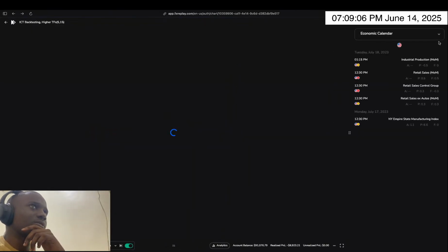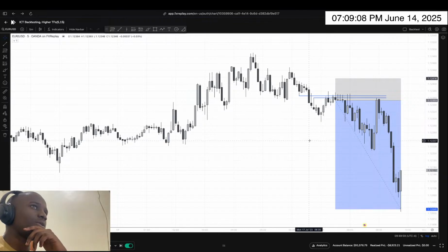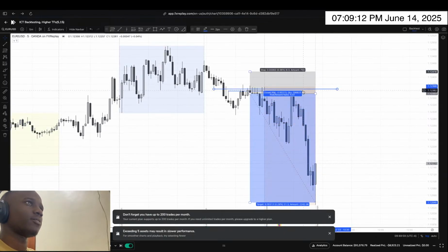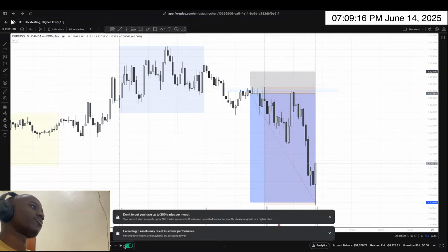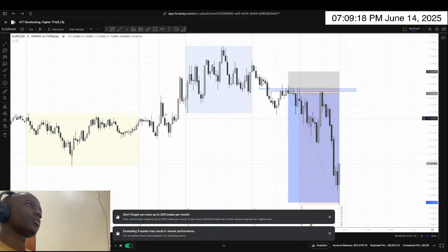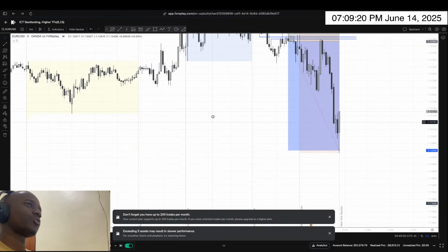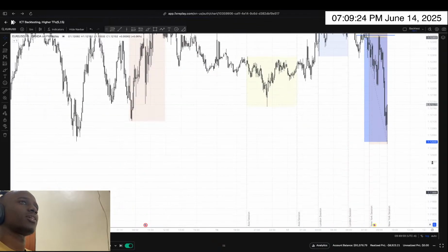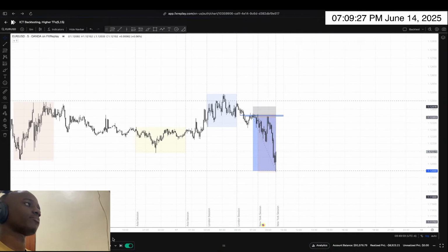So, but it's a nice one. It's a nice trade on GBP. Wait, Euro USD. And see how good we respected this fair value gap, which means all we have to see is the accumulation, manipulation, and then the distribution, which means this daily candle is really, really bearish.